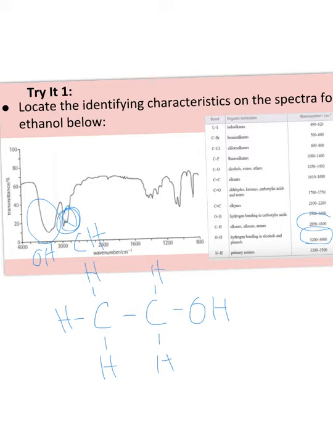And I don't have resonance for this carbon-carbon single bond. So back here in my fingerprint region, again, I could actually do a fingerprint comparison to ethanol, but as far as identifying characteristics for my list here, I just have the hydroxyl and the single bond between the carbon and hydrogen to call out.